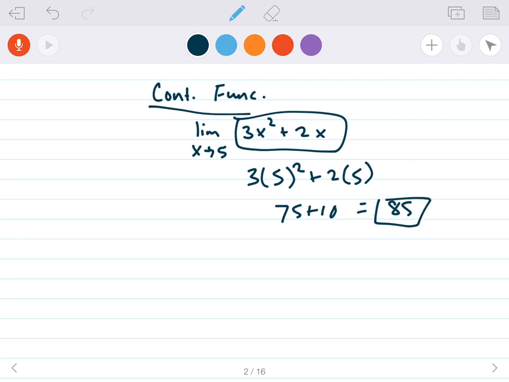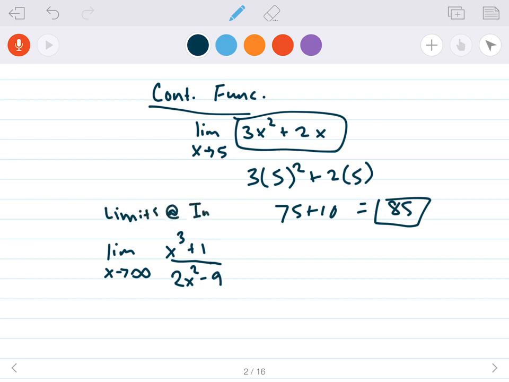We also looked at limits at infinity. So maybe we had something like this. How did we deal with these?